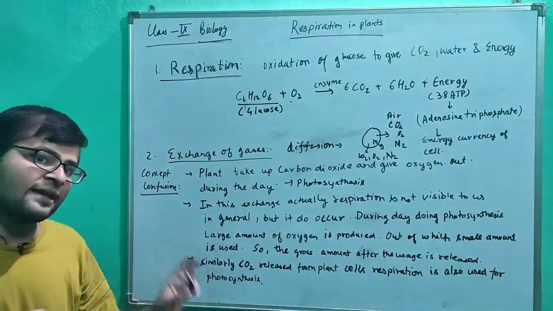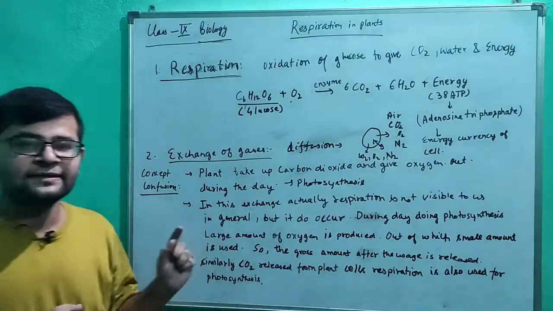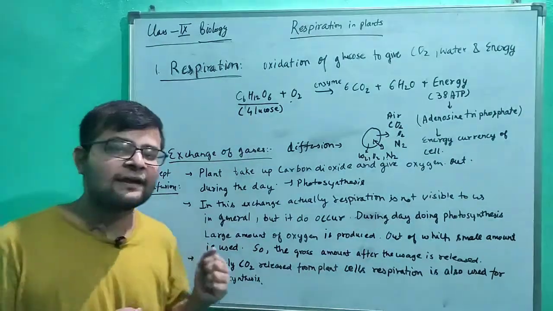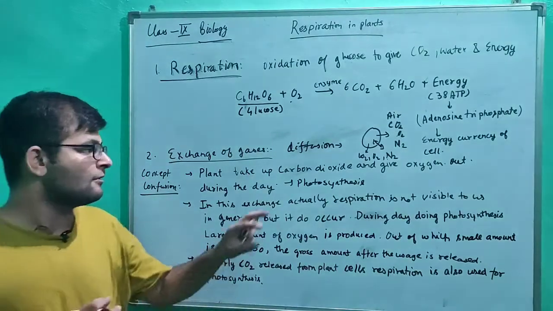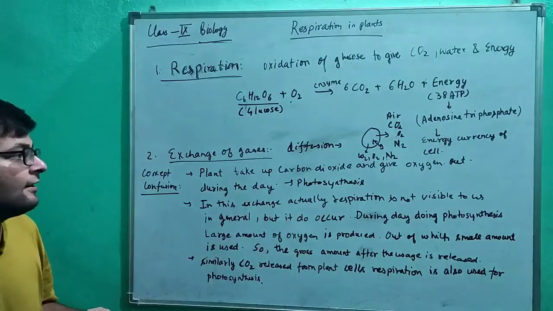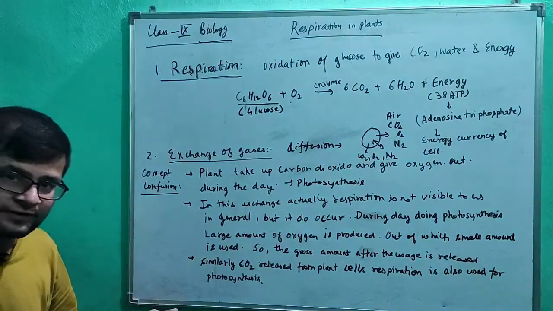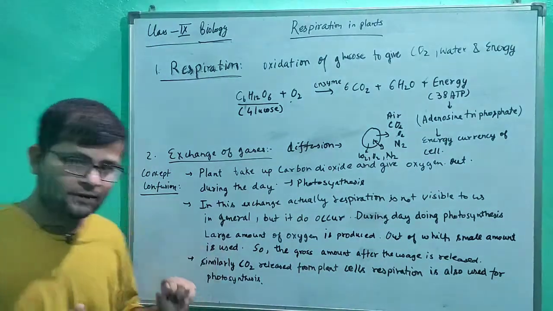So in general we cannot visualize that during the day the plant is taking up oxygen and giving out carbon dioxide. This is the thing during the day when the process of photosynthesis happens. But during the night there is no photosynthesis, so there is no synthesis of oxygen that would be given out.